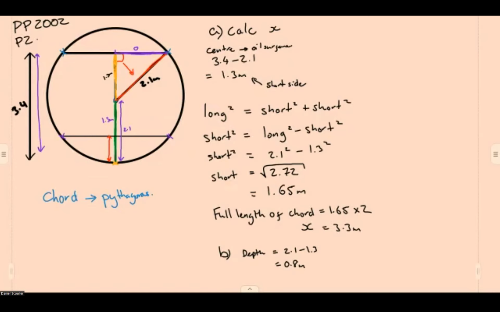Okay, so I wanted to do that with you just because that's the last time we've seen circles. Now there's another type of question they can ask when you're working with circles, and that's the worksheets that I sent out.